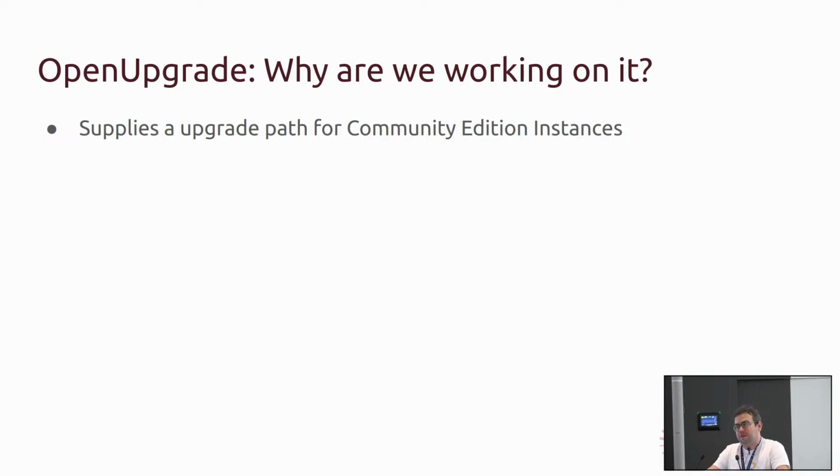It is an option, but you might lose data, you might have several issues, maybe a field is no longer in the new version, and so on. So this gives you a full path for upgrade.